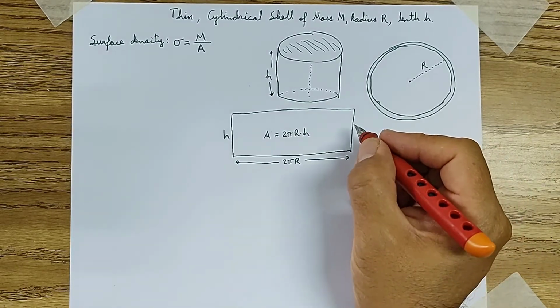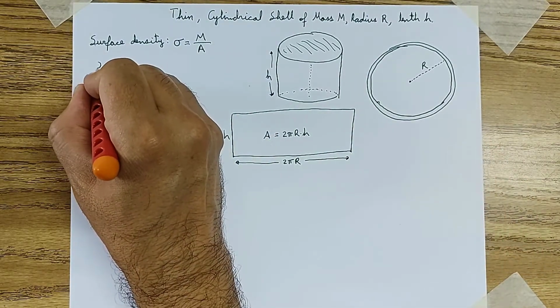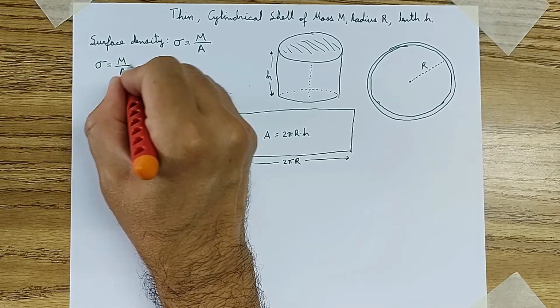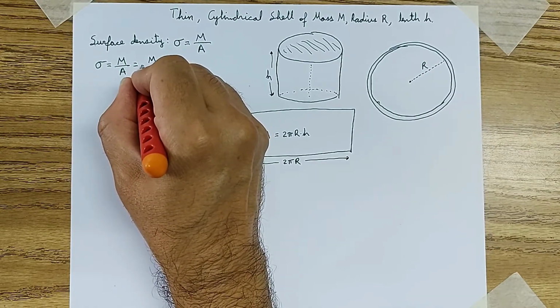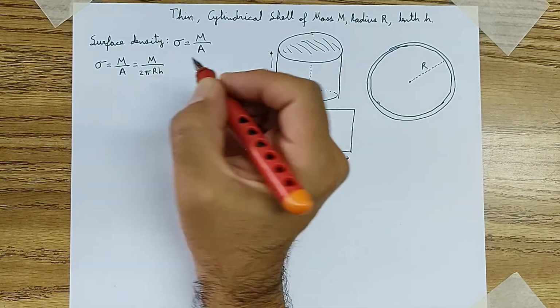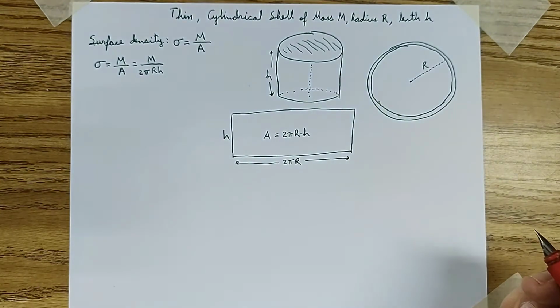So, since that's the area, this surface density, mass over total area, will be the total mass over 2 pi r h. That's on the one hand.